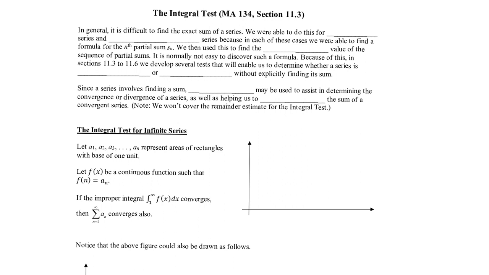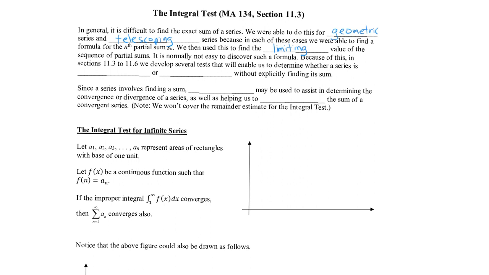We were able to do this for the geometric series and also telescoping series, because in each of these cases we were able to find a formula for the nth partial sum, S sub n. We then used this to find the limiting value of a sequence of partial sums. And it is normally not easy to discover such a formula.